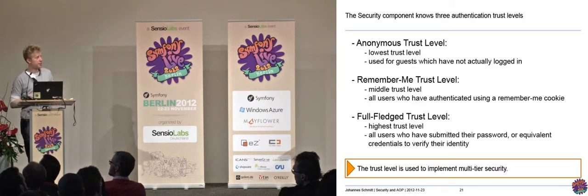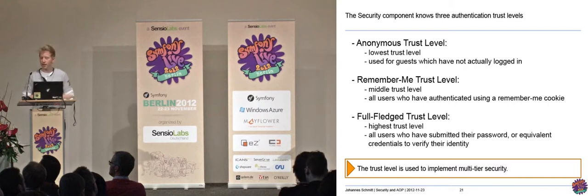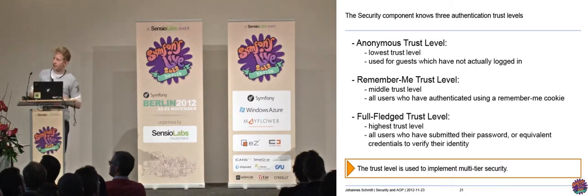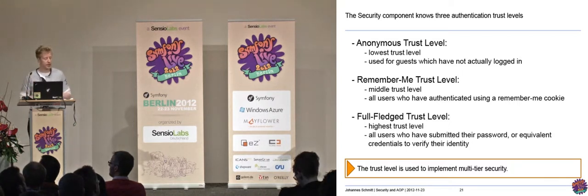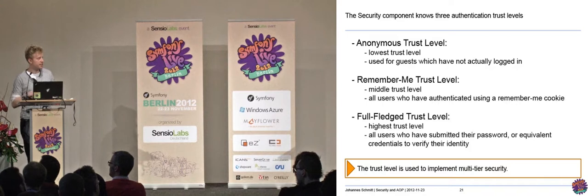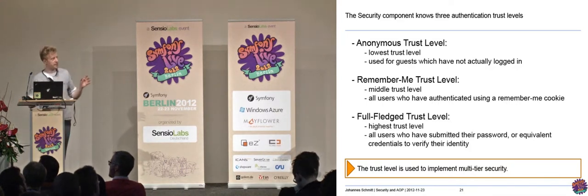Also, another concept which we have in the security component is different authentication trust levels. So, for example, by default, the user would have the anonymous trust level. That's the lowest trust level that we have. Basically, if he has not logged in or provided any kind of information, then he would be put into that group.